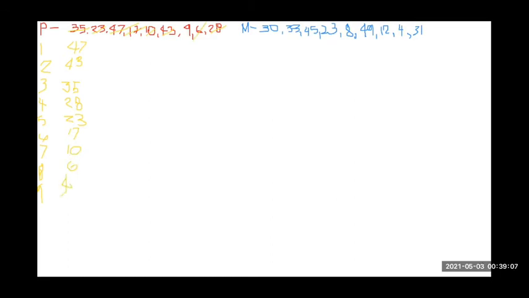Okay. Now let's have our math. For our math, the first one is 49. The second one is 45. The third one is 33. The fourth one is 31. The fifth one is 30.